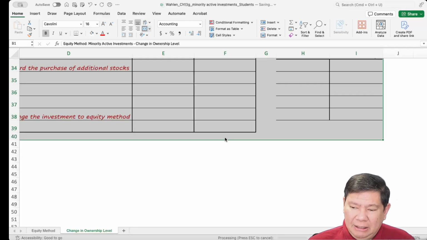So when we receive the notes receivable, we will receive $10,000 at the end of year 5. And then we have to cancel the notes receivable, $10,000. So that's how we prepare the recognition of interest income every year using the effective interest method, amortization of the discount.